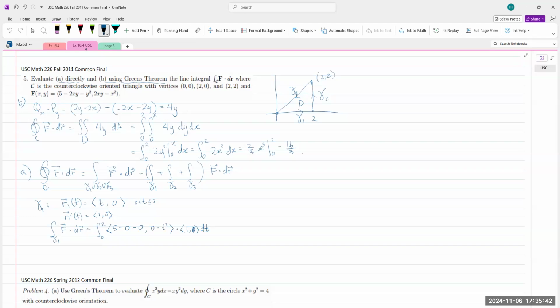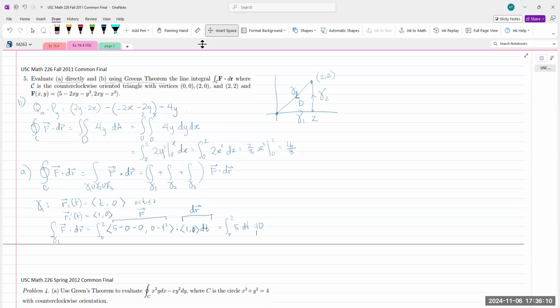This is my dr, and this is my vector field. After the dot product, it's not 0, it's 5. The x component is 5, and 5 times 1 is 5. So this is the integral of 5, which will be 10. That's for gamma 1.